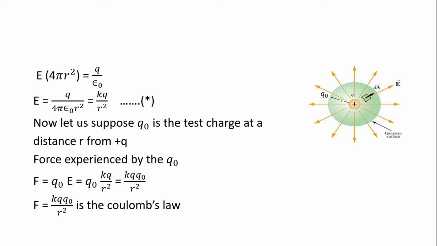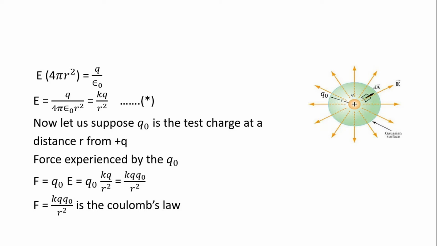The force is equal to Q naught into E. Just substitute in the above equation star, E is equal to K into Q divided by R square. So Q naught remains as it is, and in place of E, K into Q divided by R square.